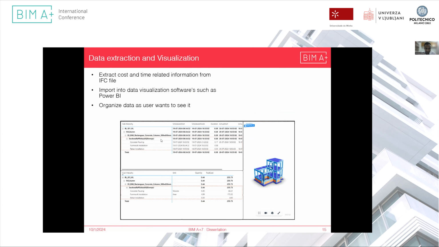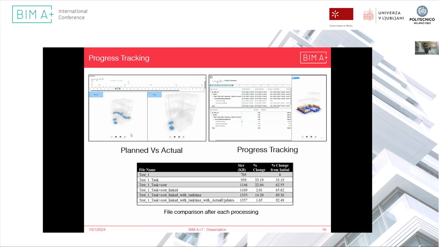So without using a third party solution, we can use only the IFC file to do such a task. This would be beneficial in tracking the planned and actual progress of the project, and also in the progress tracking and updating the actual plans.